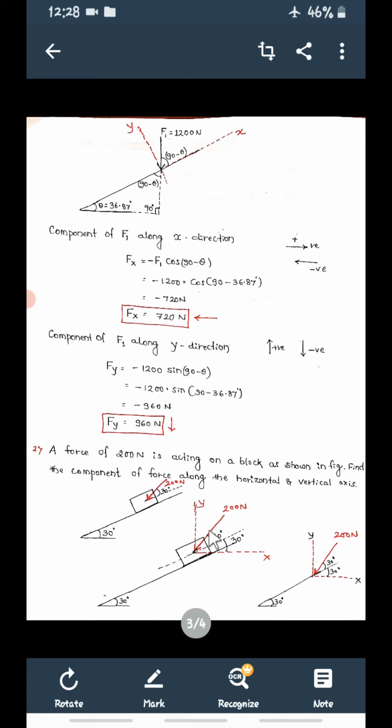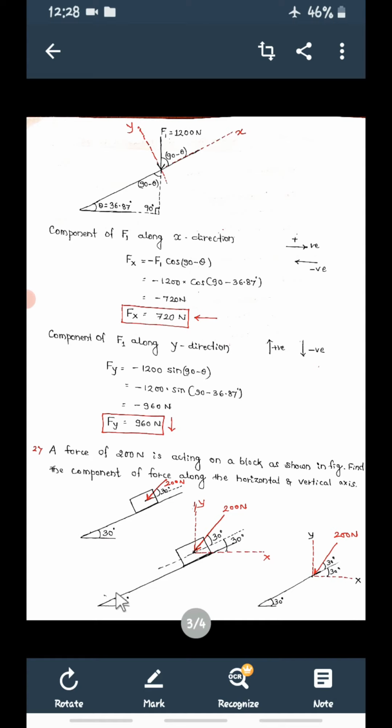So how to find the component of this 200 Newton along x and along y? We require the complete angle with the x-axis, but only this 30 degree is given. Now see, this is the inclined plane, and this is 30 degree.